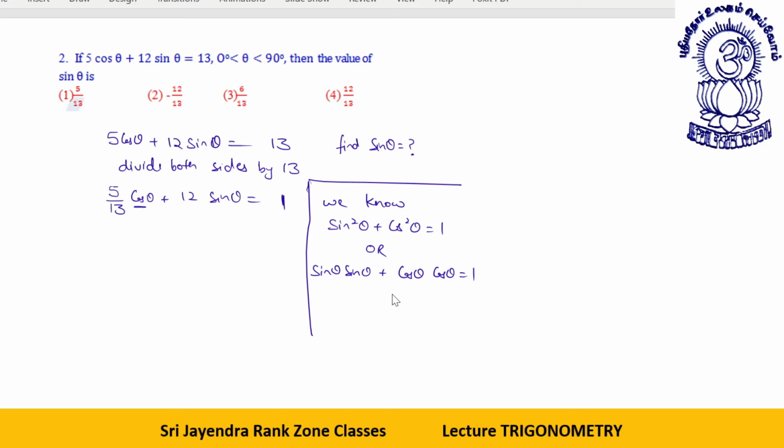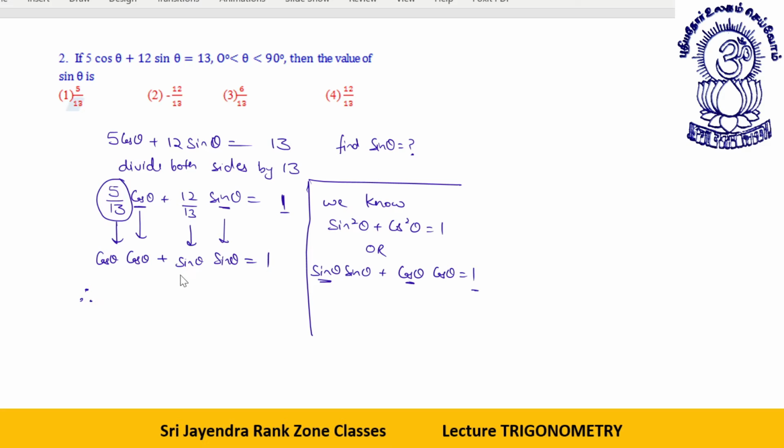We have this cos theta as like this, we have this sine theta as like this, and this one is over here. So can I read this thing as cos theta, this thing as further cos theta, this thing as sine theta, this is already sine theta is equal to 1.